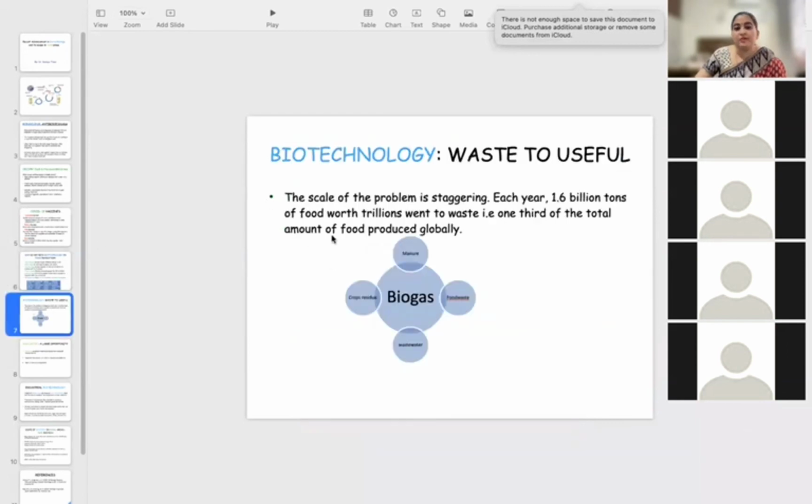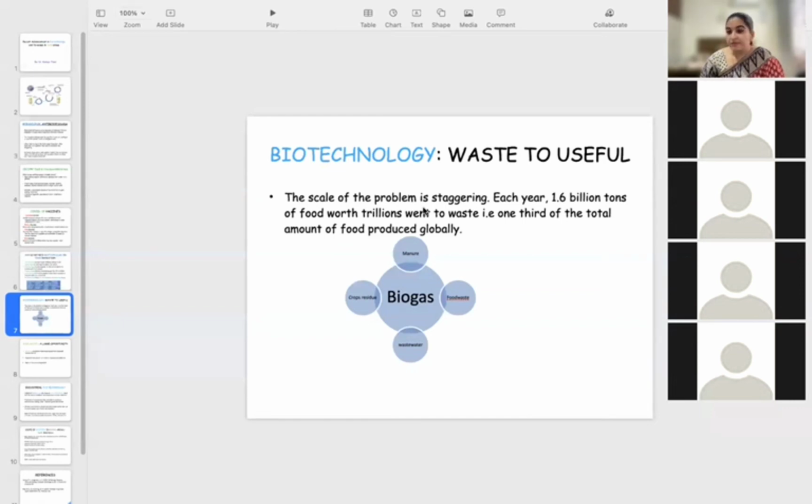Next use we have is in waste management. So biotechnology can be helpful in converting waste to useful products. A lot of food is wasted each year, around 1.6 billion tons of food, which is worth trillions of money, goes to waste, which is around 1/3 of the total amount of food produced globally.